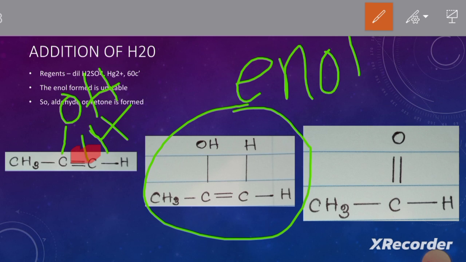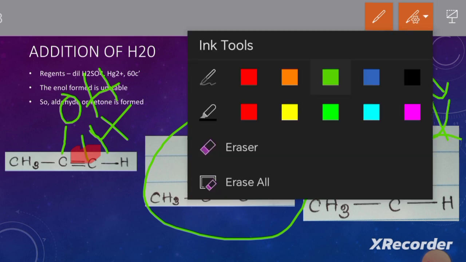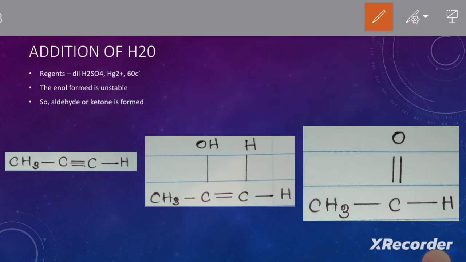Then this unstable enol rearranges into an aldehyde or ketone. So here the rearrangement happens like this.